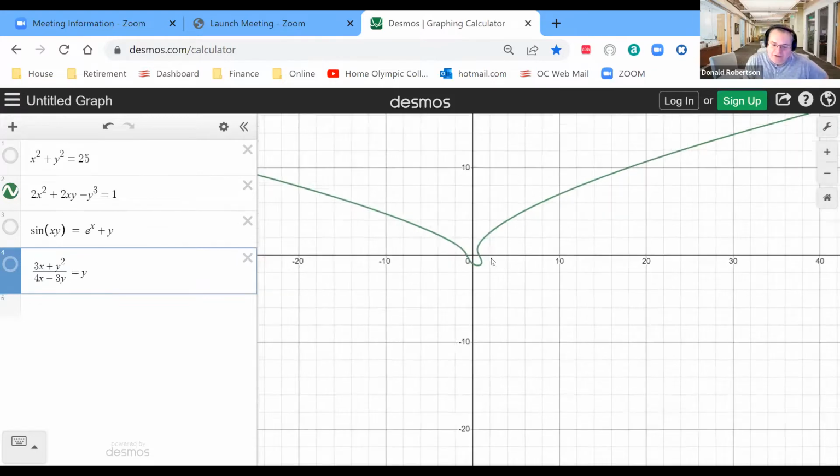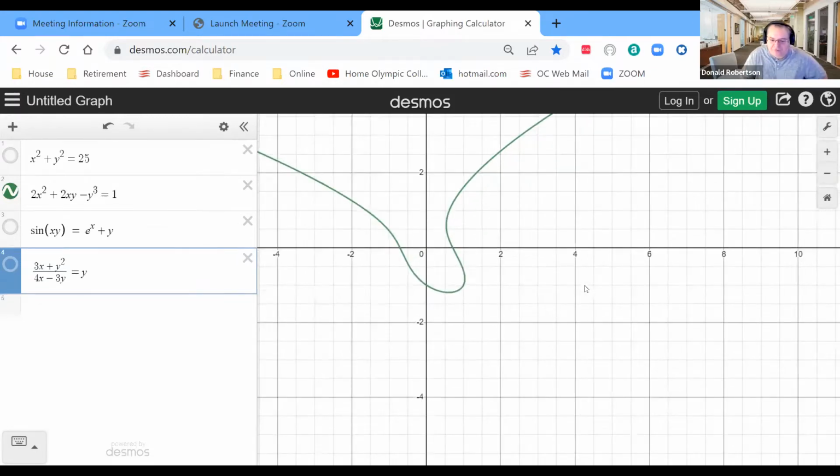And if I zoom in on it, do you see it's got a funny little bump? It's not a function. If you remember in 141, if you do a vertical line, shouldn't it only cut the curve once? And here it definitely cuts it more than once. So that's why I'm not calling them implicit functions, and I'm calling them implicit expressions.